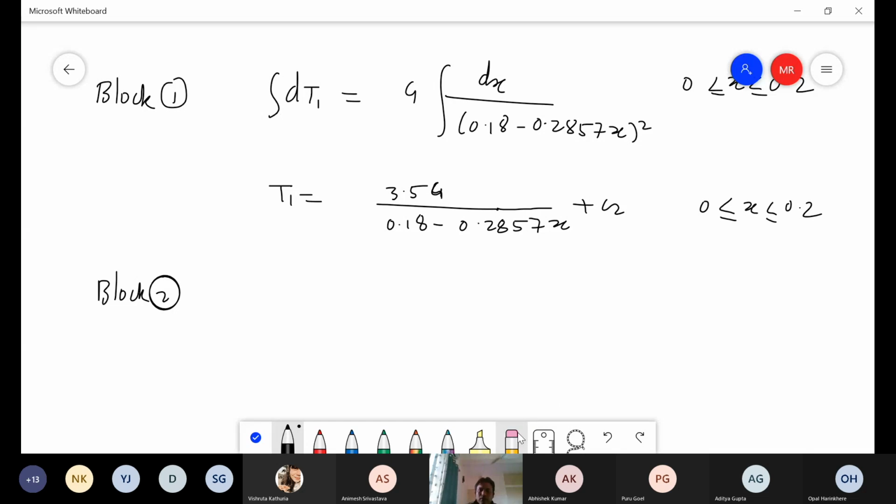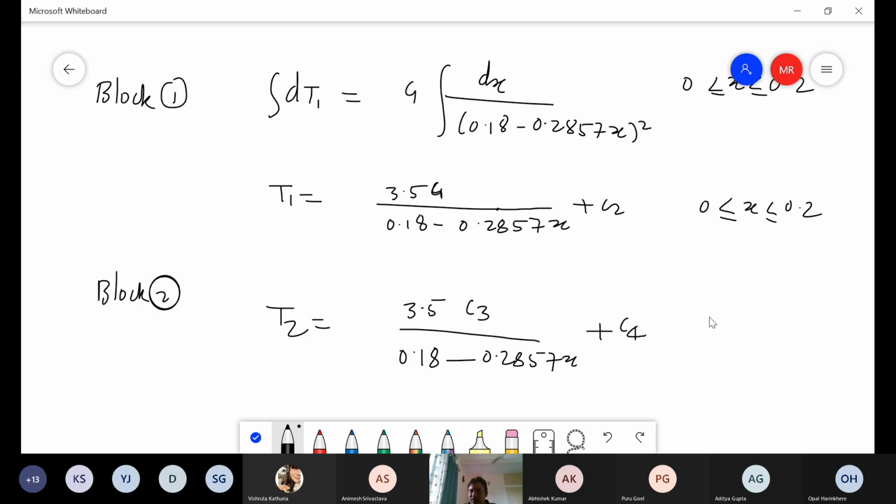So for block 2, we can write down the same expression as T2 is given as 3.5 C3 divided by 0.18 minus 0.2857x plus C4, and the range here is 0.2 onwards, correct?